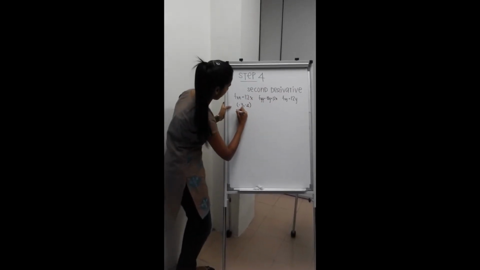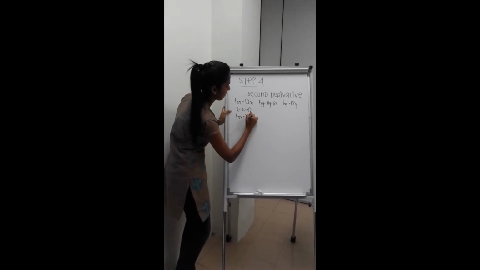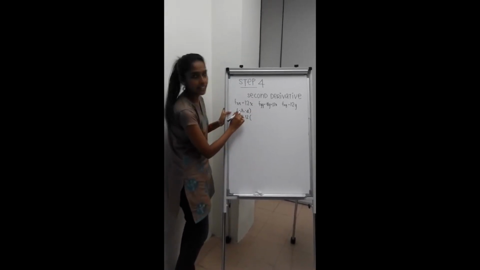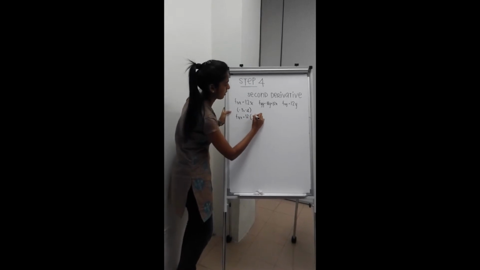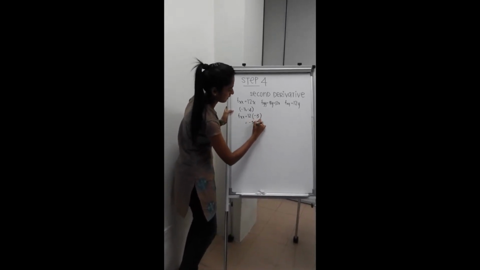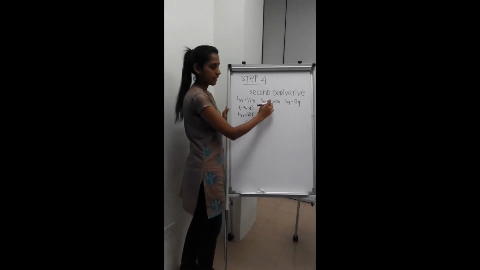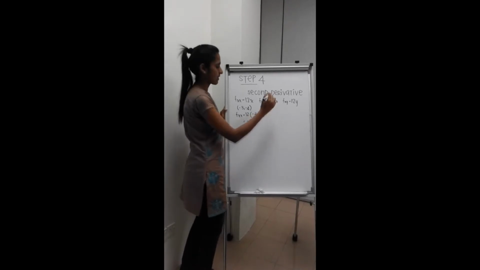Okay, first, fxx equals 12x, x is negative 3. So I will substitute, and I will get negative 36. Second, fyy equals negative 18y plus 12x.